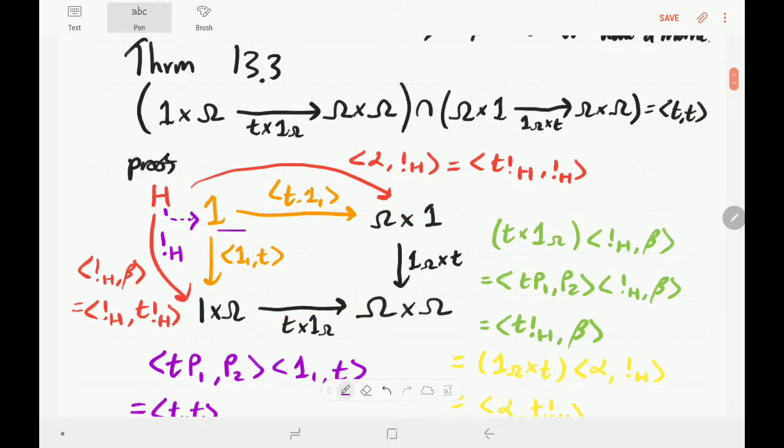So we see this with this pullback square here. So we have this pullback with a terminal object at the top left and these arrows 1 comma t and t comma 1. And we see that this is a pullback square.